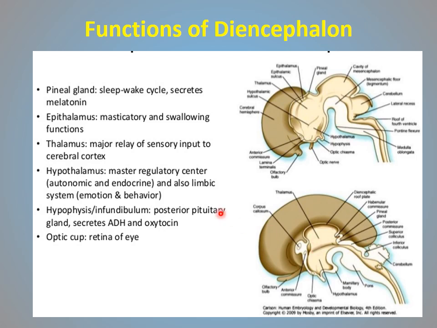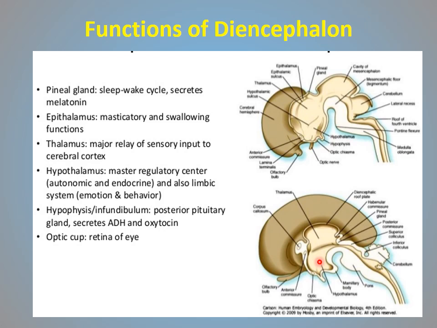So the pineal gland is basically involved in the secretion of melatonin, and it is involved in the sleep-wake cycle. Whereas the epithalamus is related with the swallowing functions. The thalamus, which is an ovoid gray matter, is a major relay station for sensory input to the cerebral cortex.